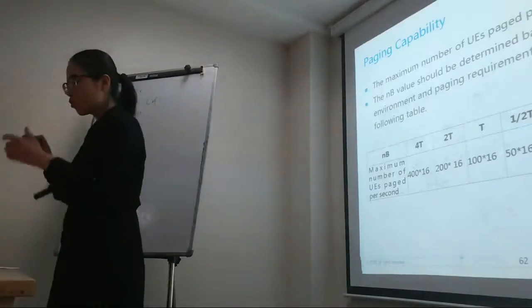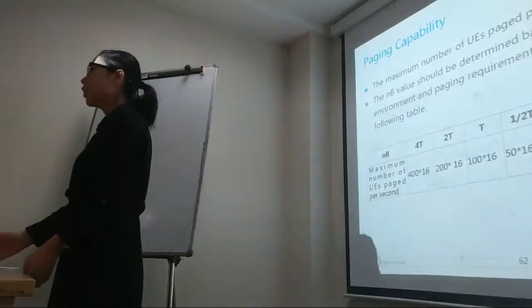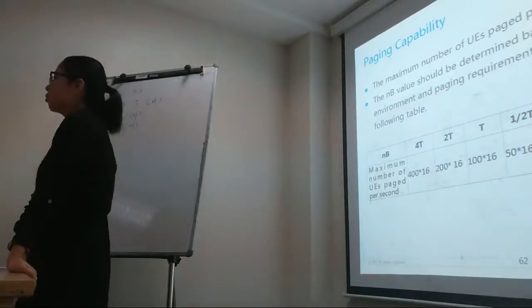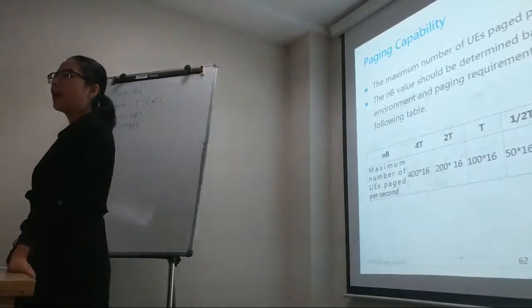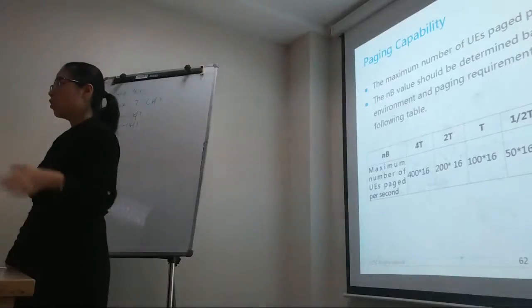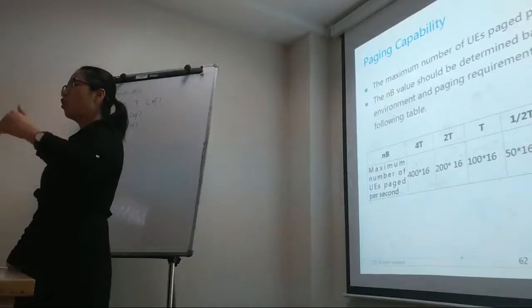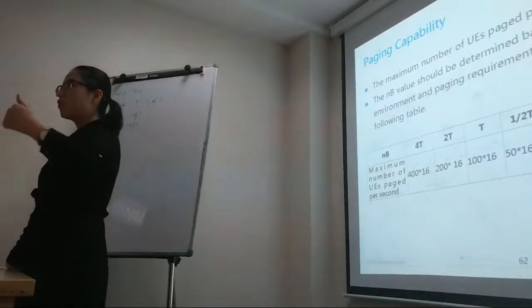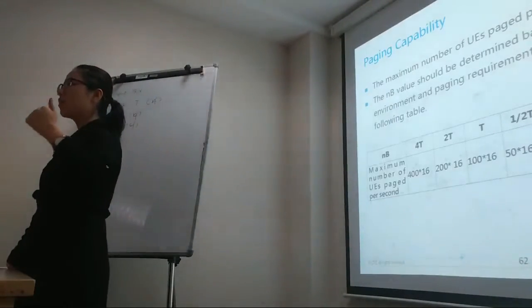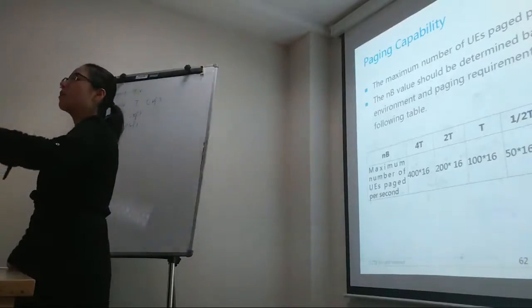So the UE has two cycles, the paging DRX cycle. One is UE dedicated, another is eNode B side. When the UE attaches, it will send the UE dedicated parameters to the MME side.